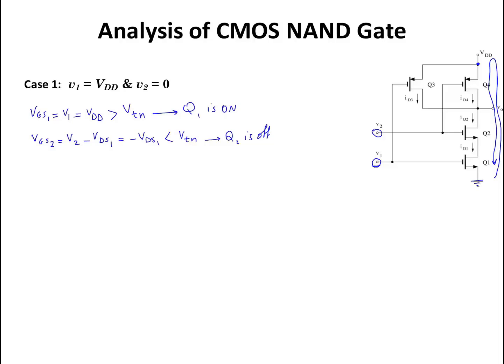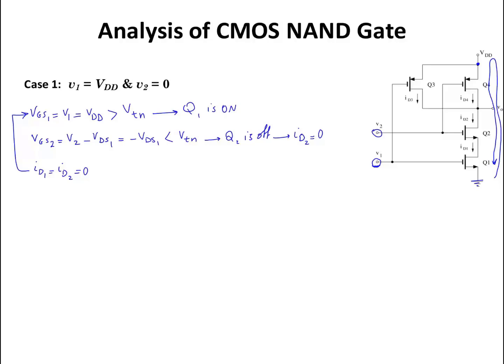Because it's off, ID2 is going to be equal to 0. Because ID1 and ID2 are the same, both of them are going to be equal to 0. So I'm going back to the first equation that I got. I know that Q1 is on and ID1 is equal to 0.